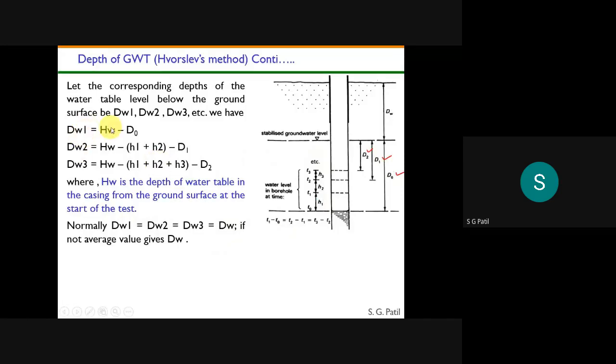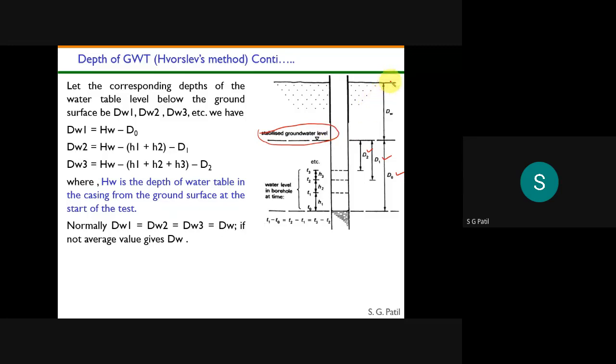Once I have D0, D1, D2, then simply use these formulas, dW1, dW2, dW3. These D0, D1, D2 are measured from the stabilized groundwater level, but we don't yet know the stabilized groundwater level. I have put it here just for reference, but it is not the actual one.